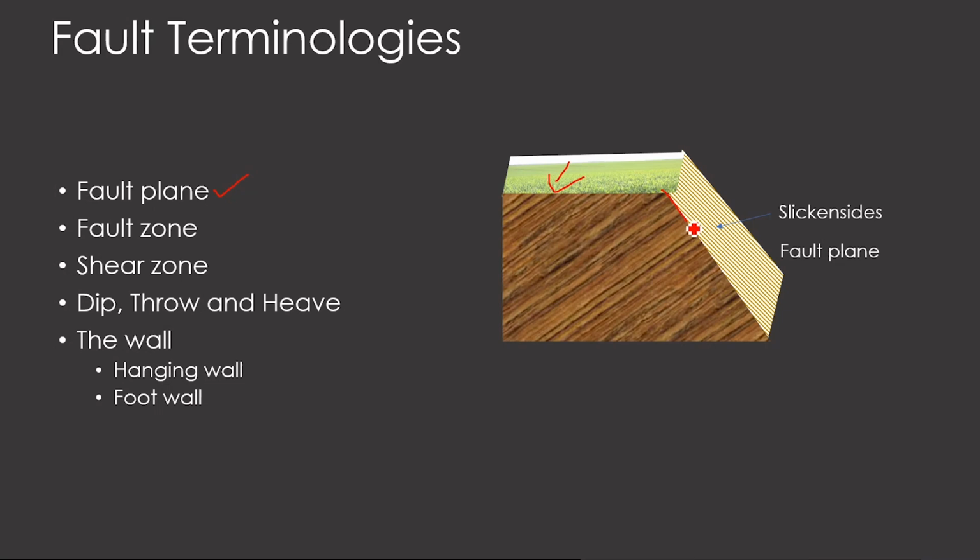This is the fault plane, what you see as a fault line. But when the rock breaks, it is not a line, it is a planar feature. This plane, or three-dimensional surface, along which the rock fails or breaks, we call the fault plane.